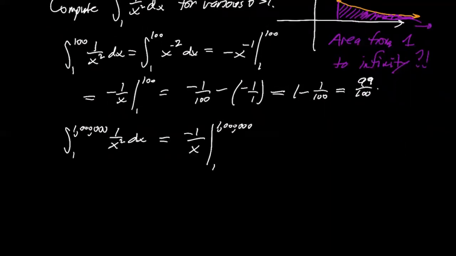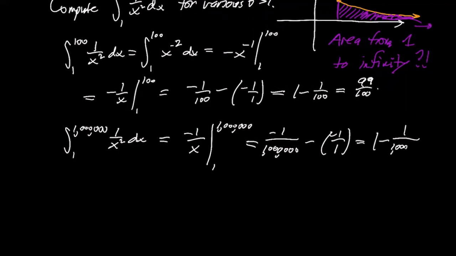And maybe you should be pausing and getting ahead of me on this stuff, because what do you get here? You get negative 1 over a million minus negative 1 over 1, which again, you get a plus 1, you get 1 minus 1 over a million, which I guess is 999,999 over a million.